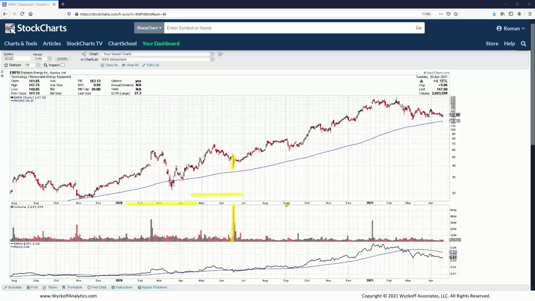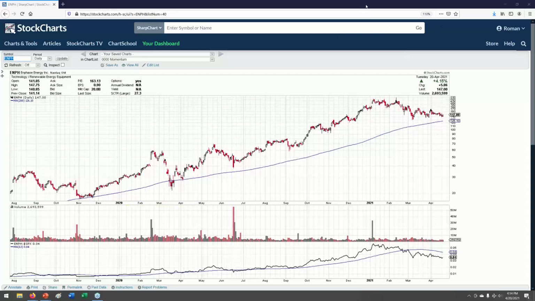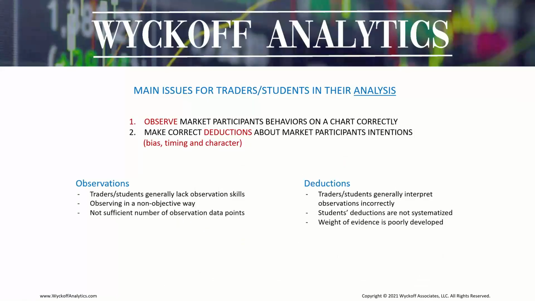So that's what I'm talking about in terms of subjective ways of observing the chart and more objective ways. And there are quite a few spots like this. You could say, this is the spot here, this is the spot here. Usually it's going to be some kind of interesting price action. But then there is a lot of data in between these interesting spots.